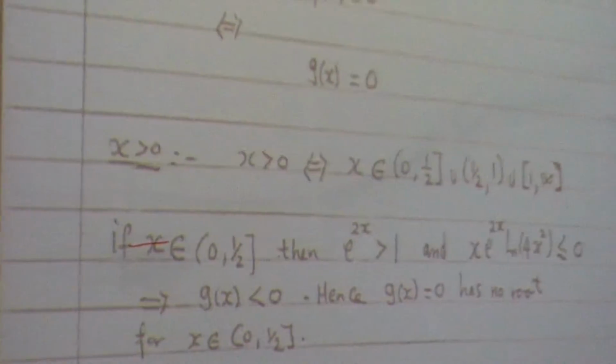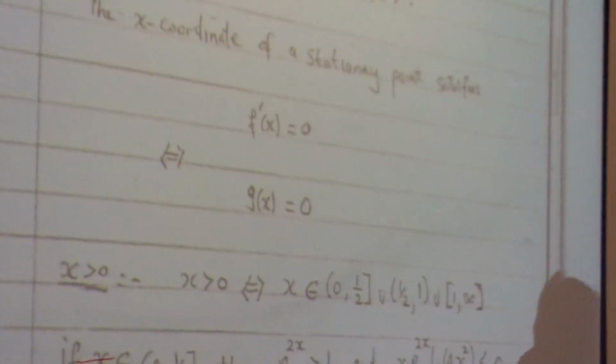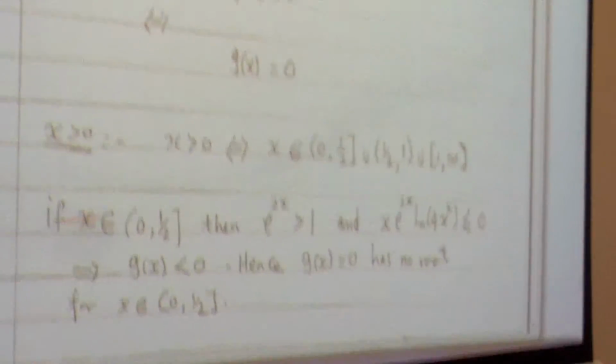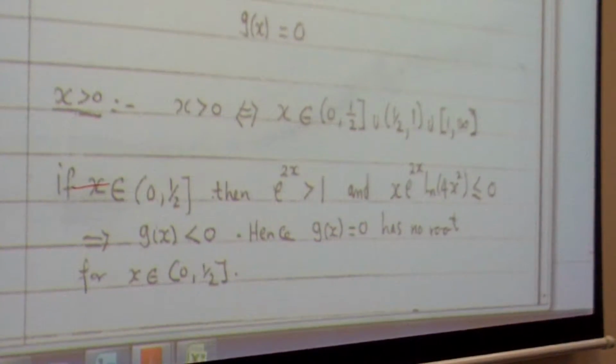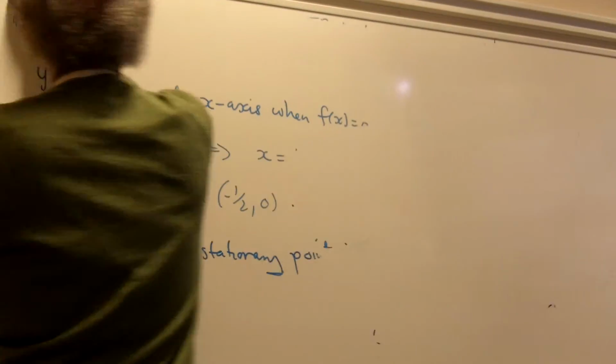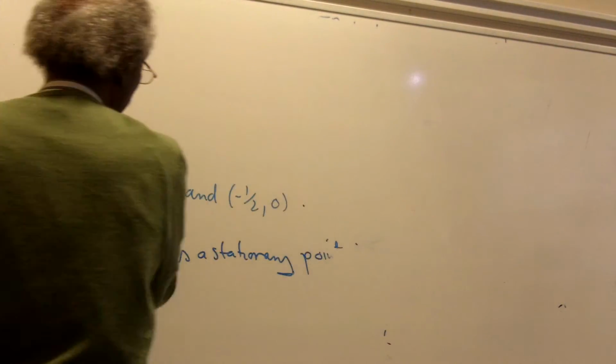Move forward. The question in the coursework says, show that this equation has got only one root, and that root lies between a half and 1. So from now on I'm going to forget about f for the time being and just focus on g.